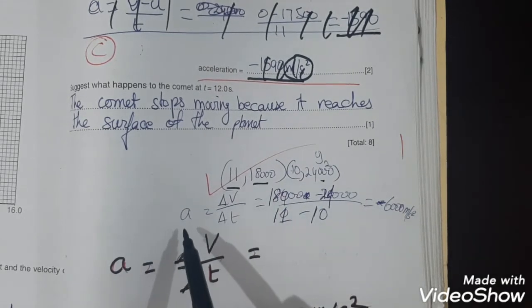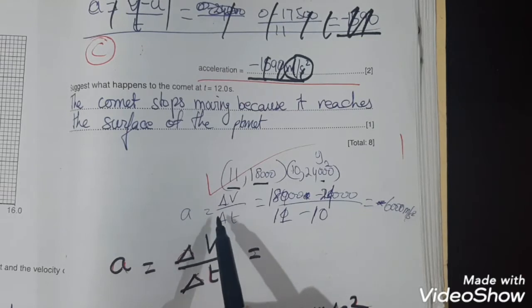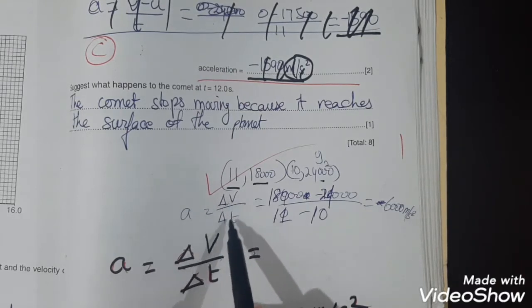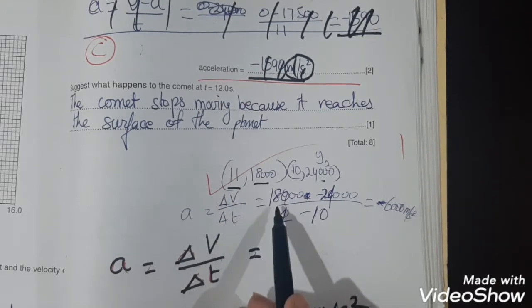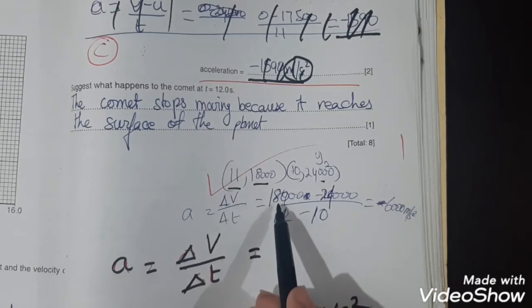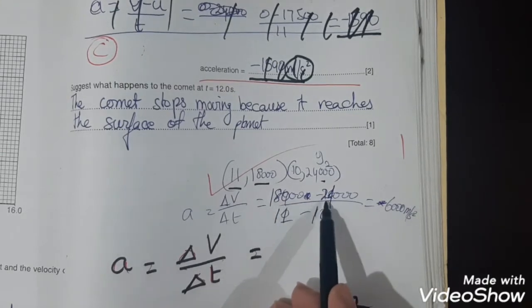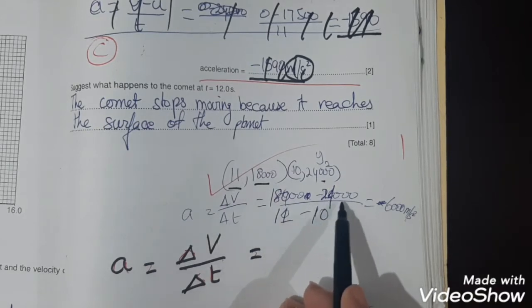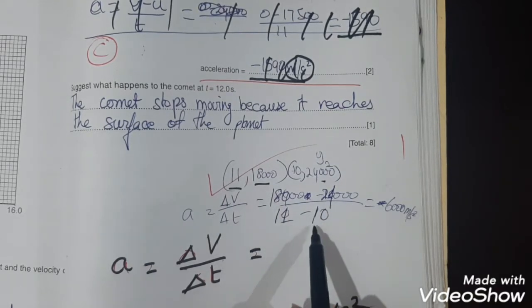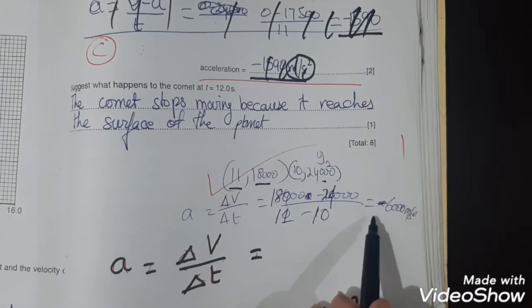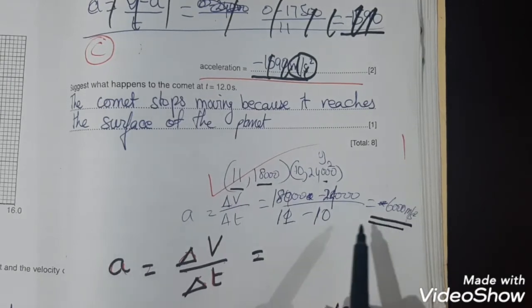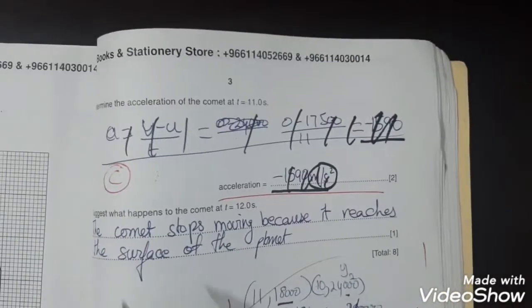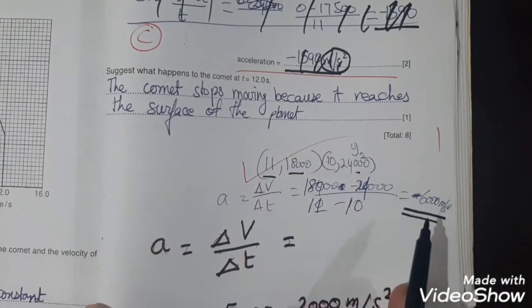So we will use the acceleration formula, which is a = delta velocity divided by delta t. So at starting it was 24,000. So (18,000 minus 24,000) divided by (11 minus 10), which will be 6,000 meters per second. So the final answer for question C is 6,000 meters per second.